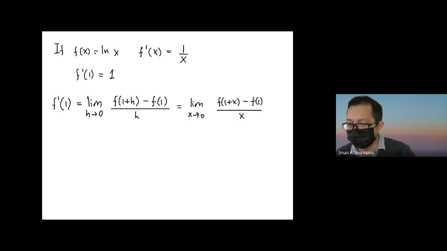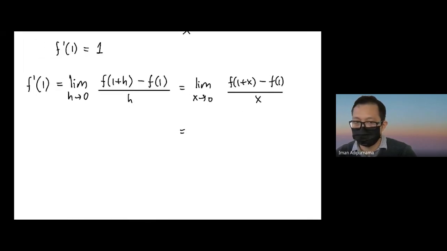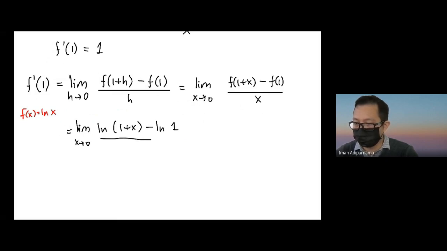This is the same thing, just changing the h with x. Take the ln, so f of x is ln x, but change all with ln of 1 plus x, minus ln 1, over x, and then the limit as x approaches 0.